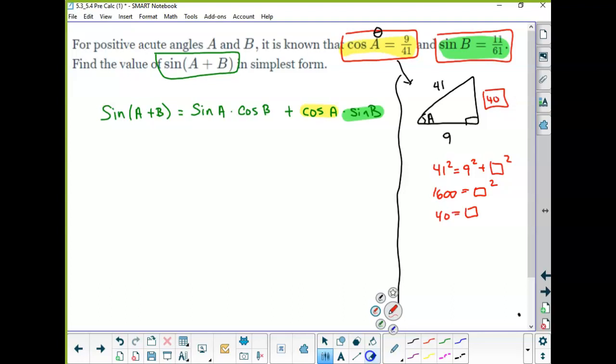Well, from that, now I know angle A, and I can find sine. Because what is sine? Sine is the opposite over the hypotenuse. So, I'm going to replace sine with the opposite over the hypotenuse.